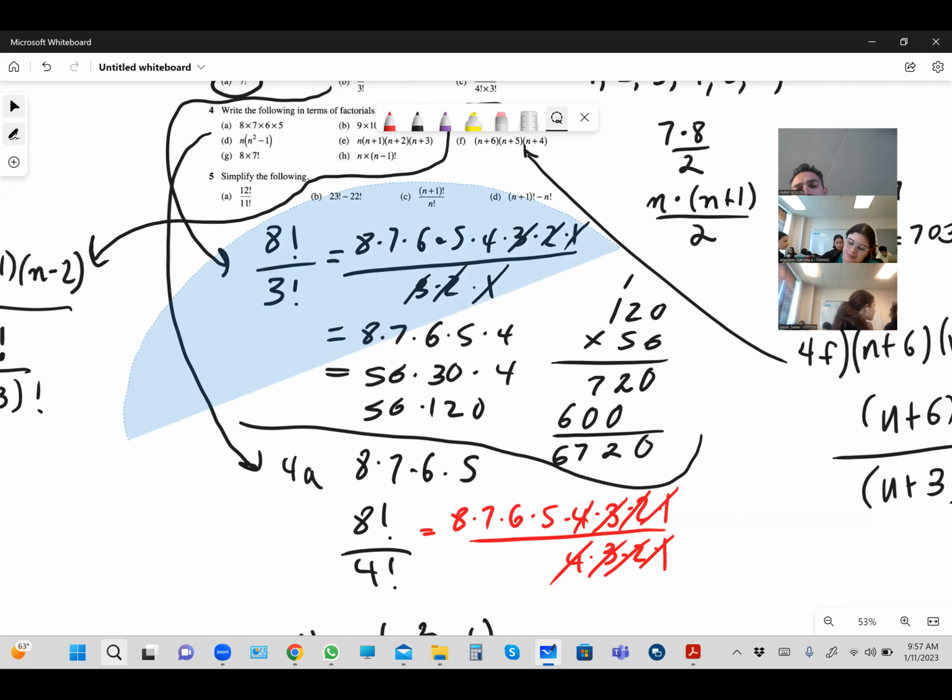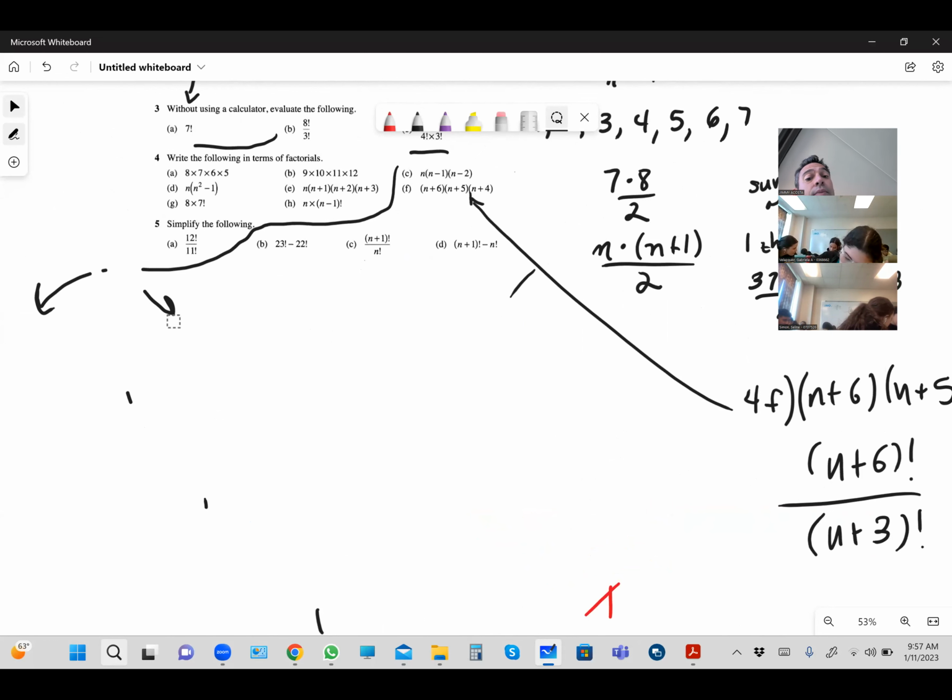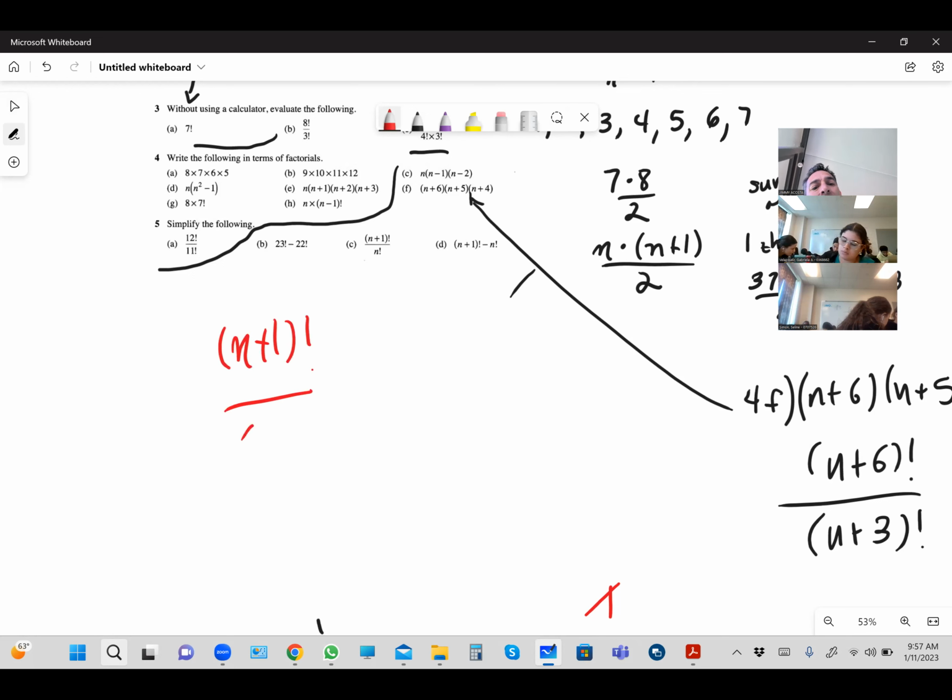Let's go ahead and take a look at 5C. It says n plus 1 factorial divided by n factorial. Simplify it. What is it going to be? When in doubt, write it out.